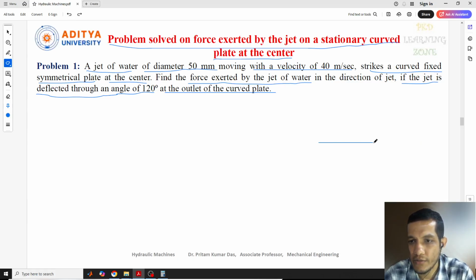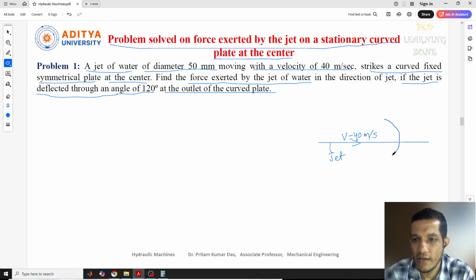This is V, 40 meter per second. This is the jet of water, and it is striking a curve plate.